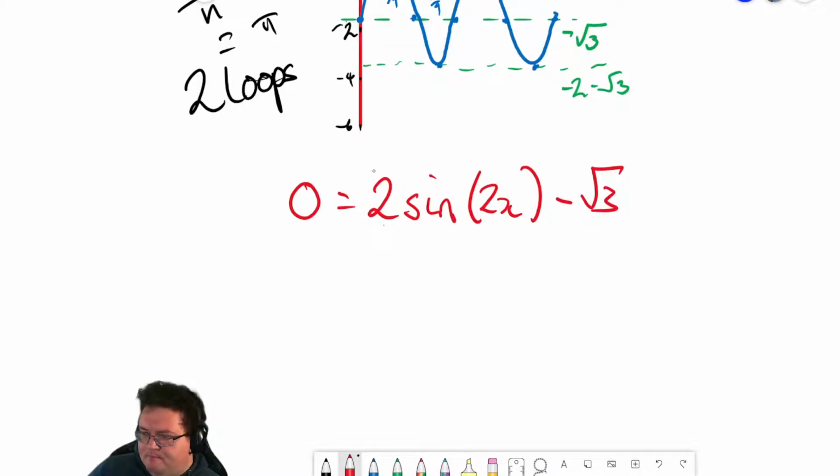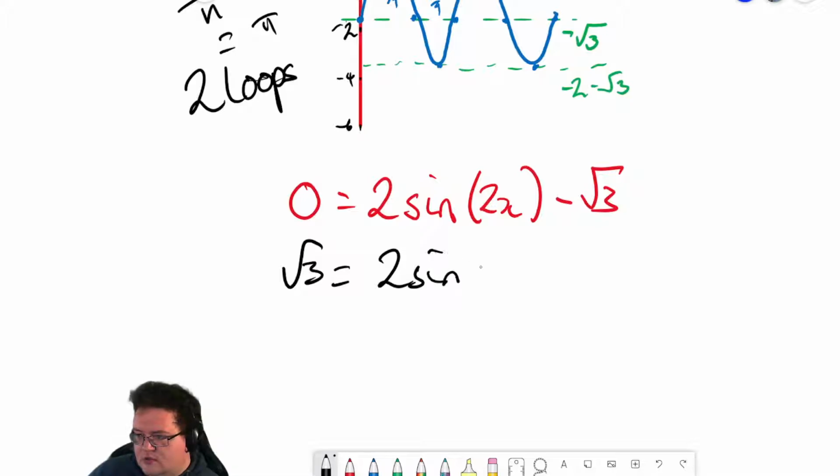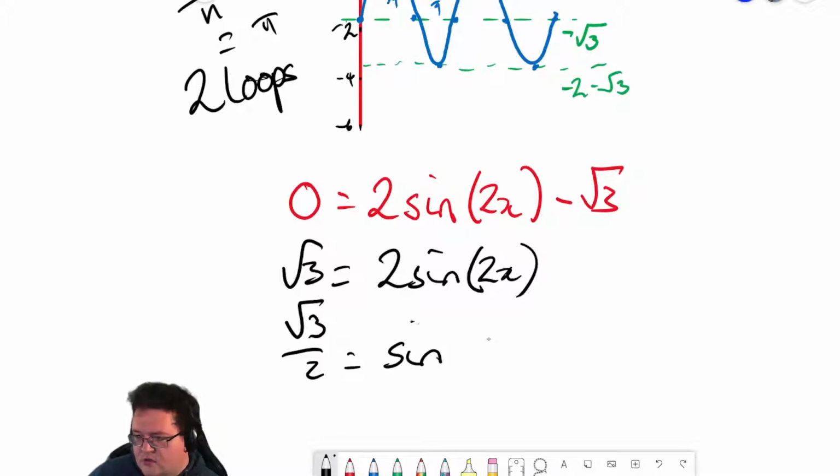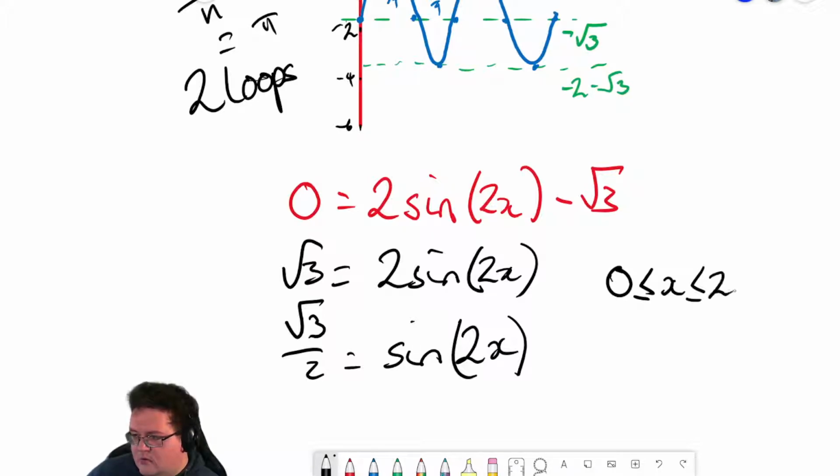So if I rearrange this, I add root 3 to both sides. So I get root 3 equals 2 sine 2x. Divide both sides by 2, and I get root 3 on 2 equals sine of 2x. And I've got to remember that the domain is 0 to 2 pi for all of these.